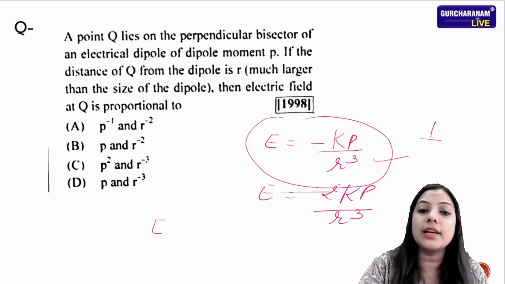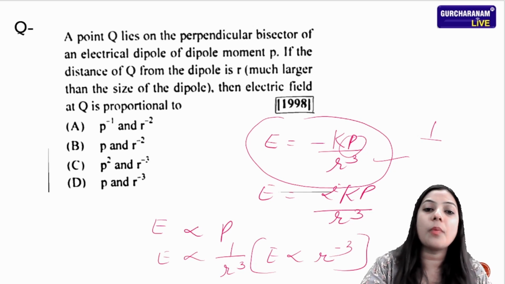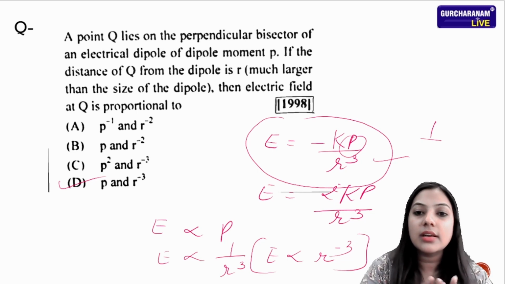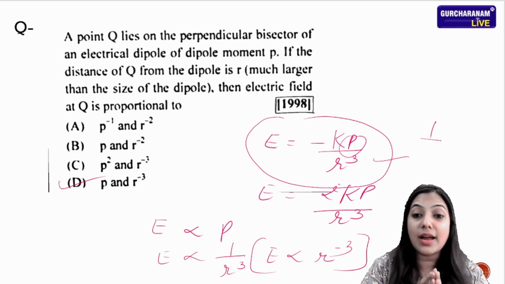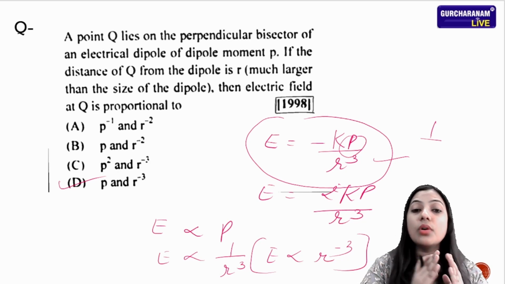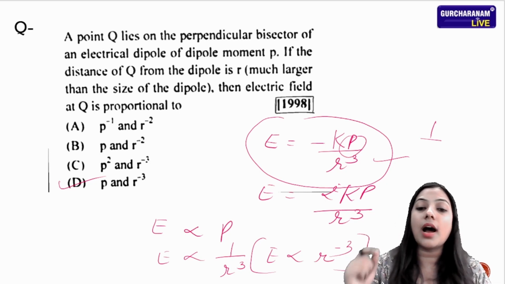Our electric field is directly proportional to P, and it is also proportional to 1 upon r cube. We can write E is proportional to r to the power minus 3. So option D is correct. This question came in the 1998 IIT paper.